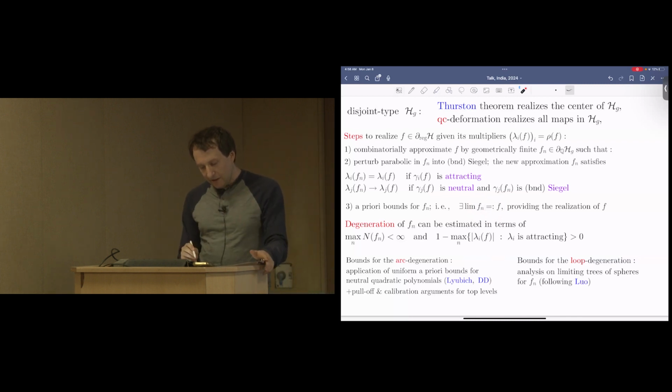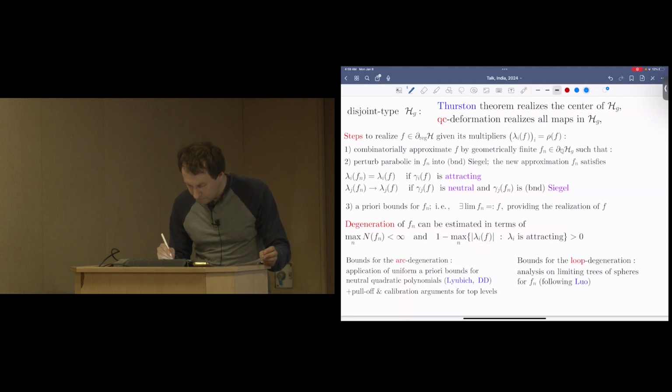At the end, the control of degeneration can be expressed in terms of such a Pulov constant n of Fn. So this is a combinatorial Pulov constant. And also the degeneration will depend on the multipliers of attracting cycles. Okay, so this is gamma. But these are frozen, so we freeze them.